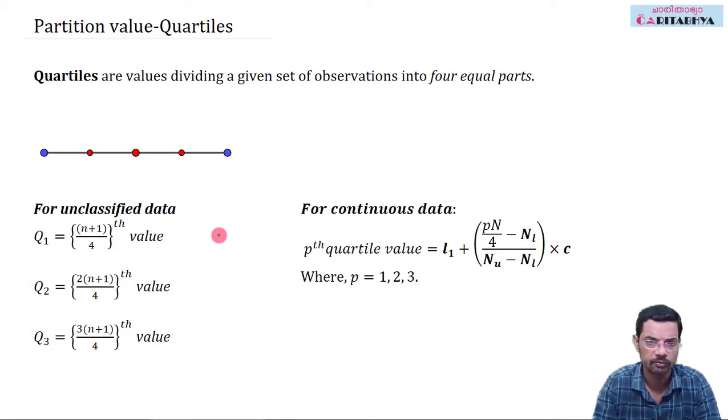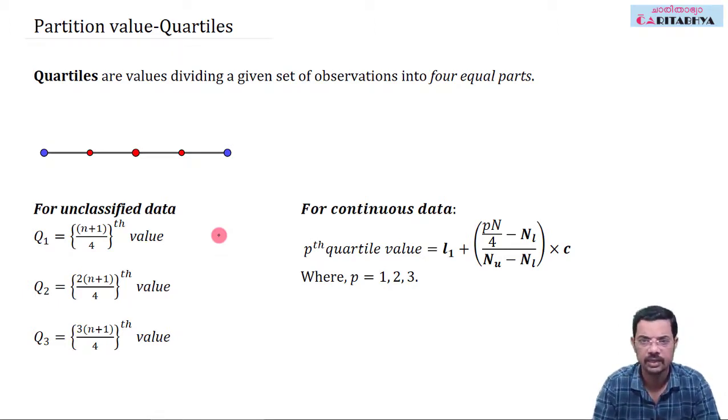If you want to find out the first quartile, we use n by 4. For the second quartile, we use 2 into n by 4. For the third quartile, we will be using 3 into n by 4. Find those values and check where each lies in the cumulative frequency column, and the corresponding class will be called the quartile class.